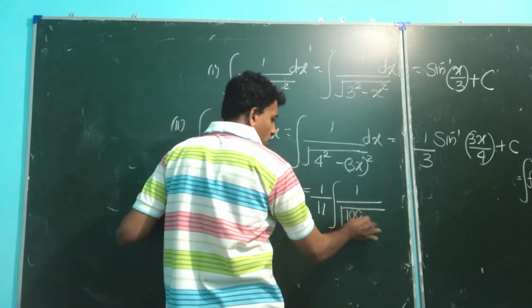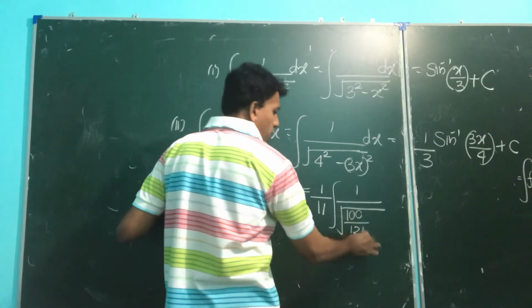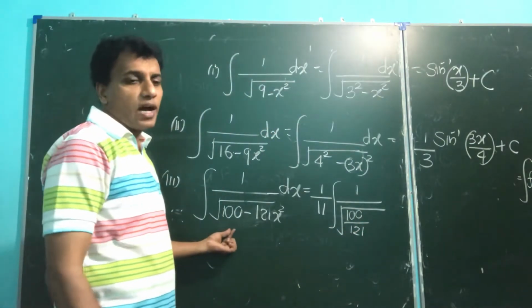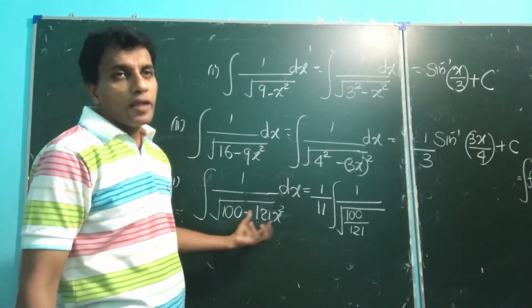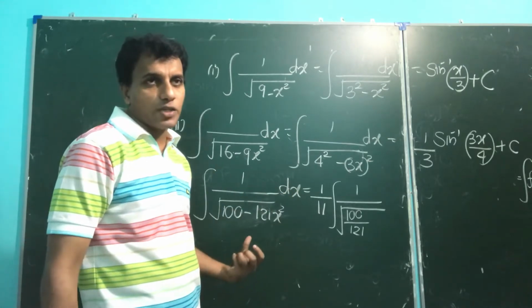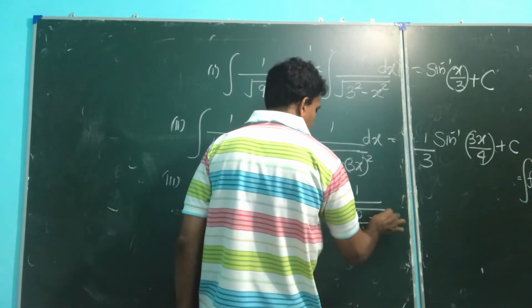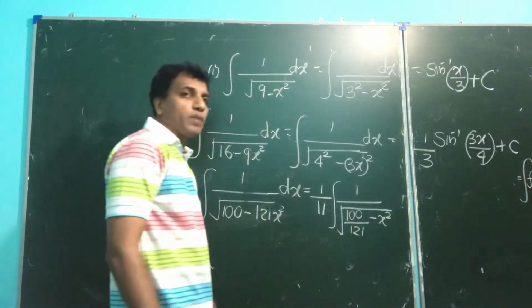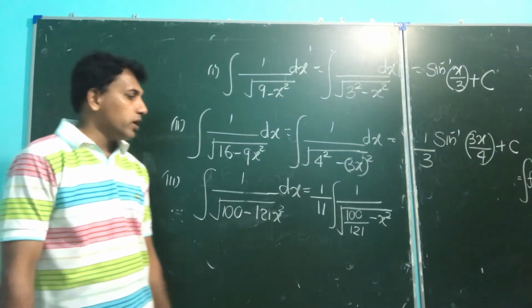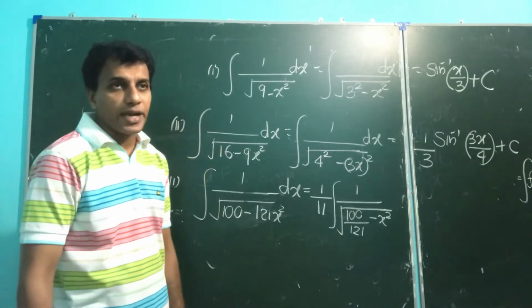Because I am factorizing, I took the 121 out of the root, there have been 100, there's no 121, so it should be divided by that. Minus x square. Here it shows that standard pattern, 1 over a square minus x square.